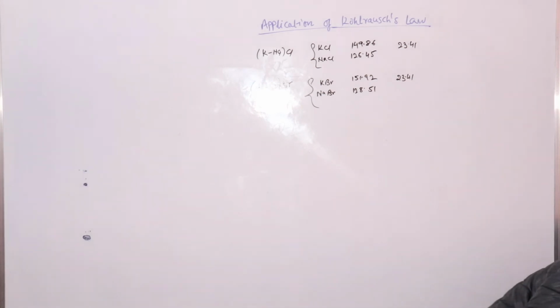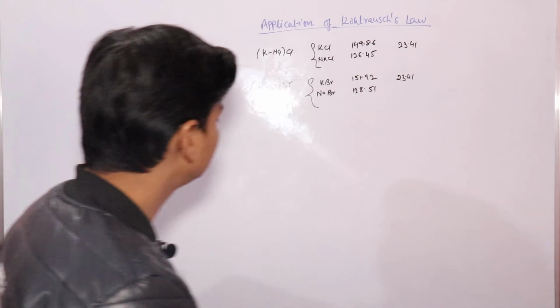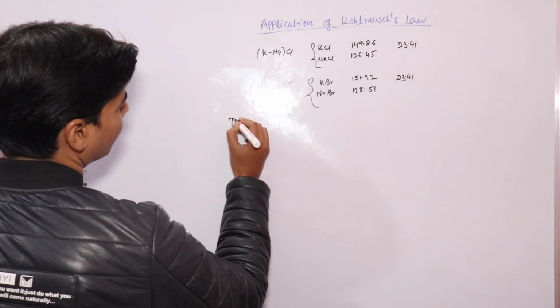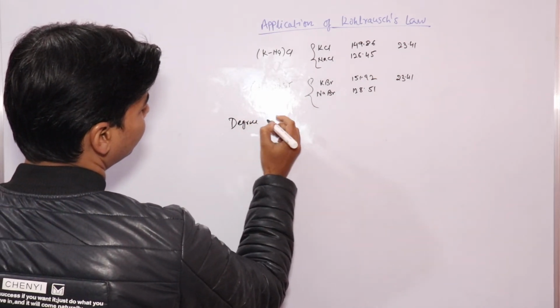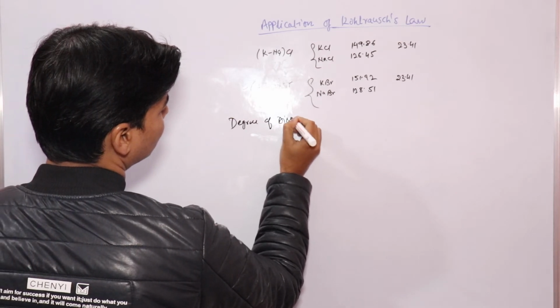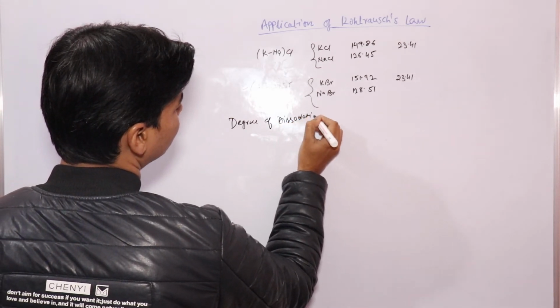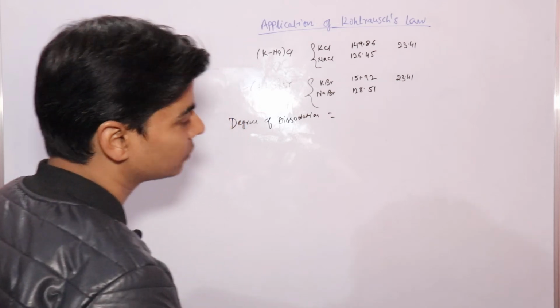So now let's see how we can find the degree of dissociation. If we just look at degree of dissociation, normally what is the formula?